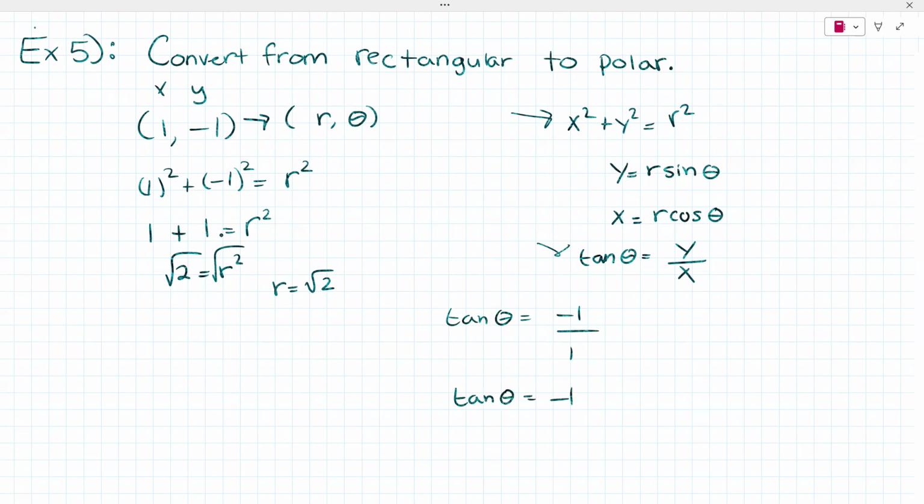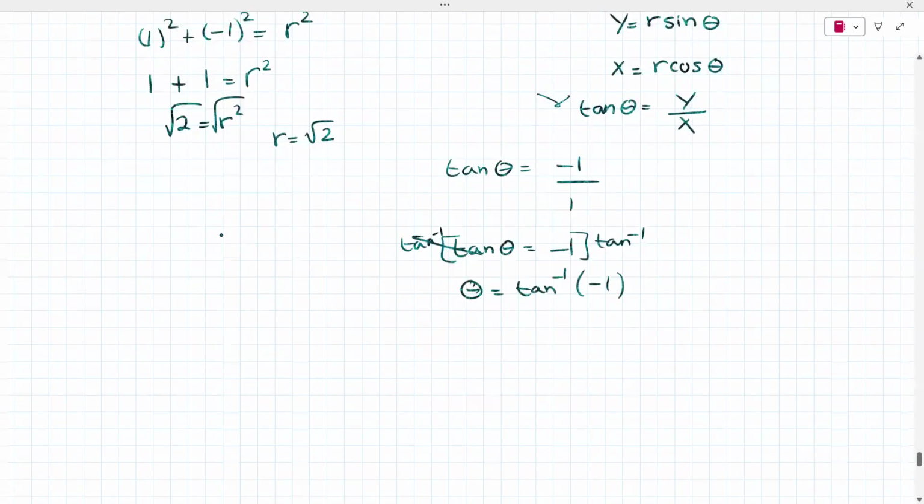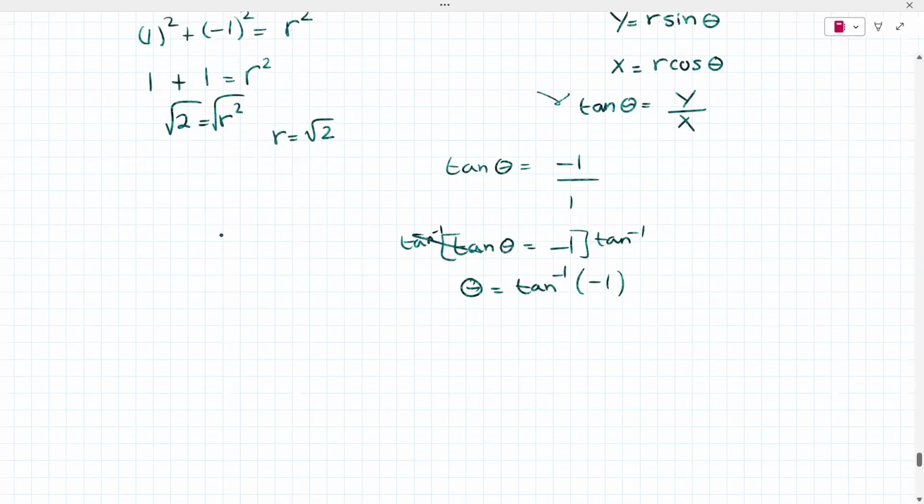Well, I need theta, right? So you would have to take the tan inverse of both sides, so this cancels, and you're left with theta equals tan inverse of negative 1. So what this means is, what angle in radians is going to give you a tangent of negative 1?